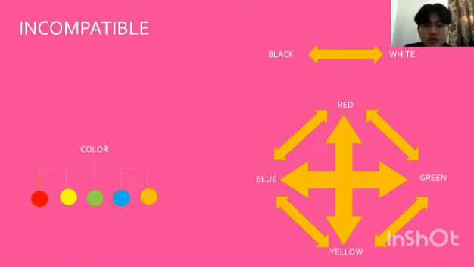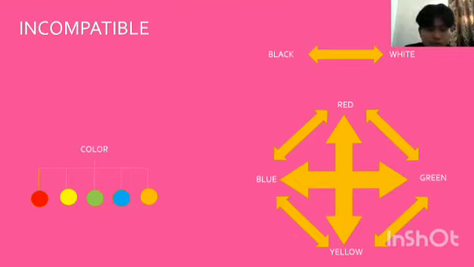For example, the set of color, the meaning of blue is incompatible with the meaning of yellow and the meaning of the other color terms. It should be noted though that incompatibility doesn't necessarily imply opposite.